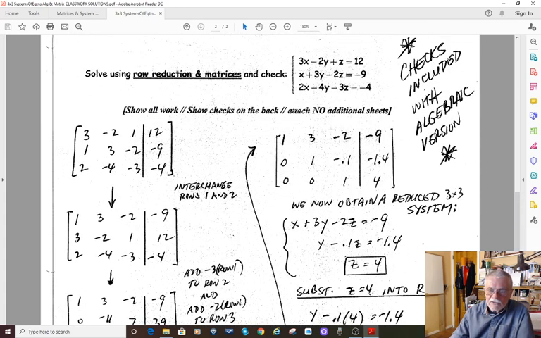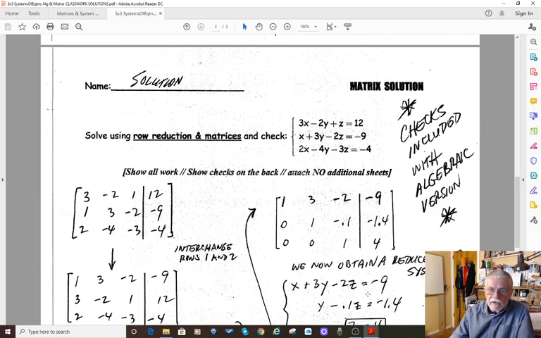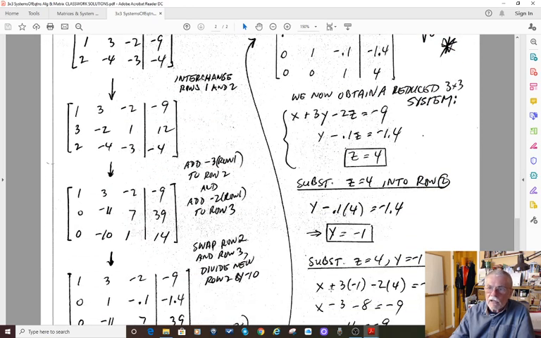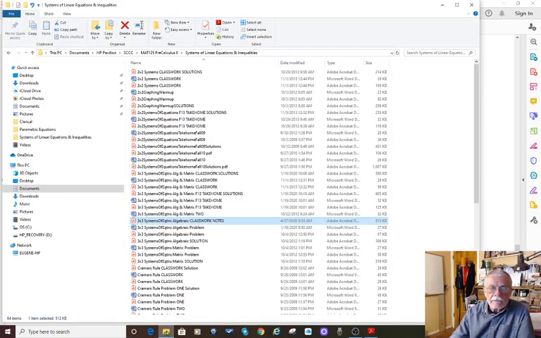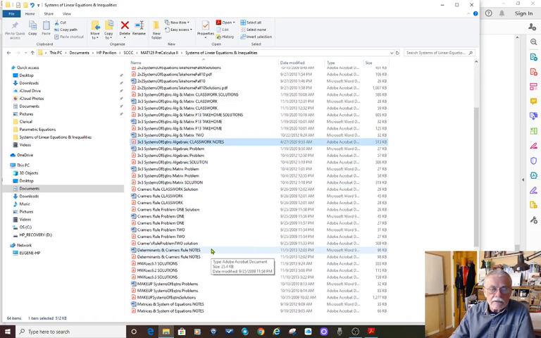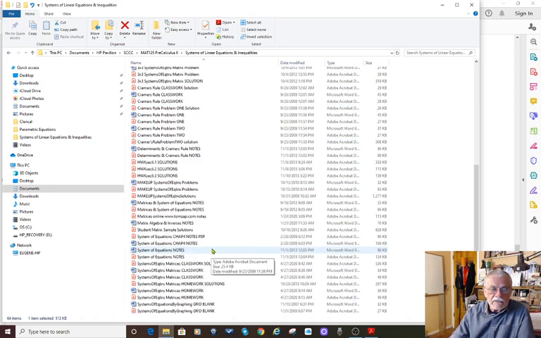Okay, so this is the first example that we did of solving a system by matrices. So what I want to do is, I do believe I have something labeled homework here. Let's see if I can find it.